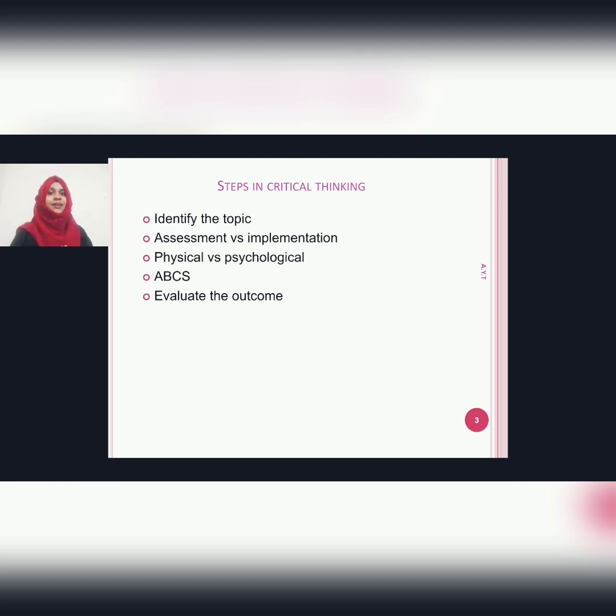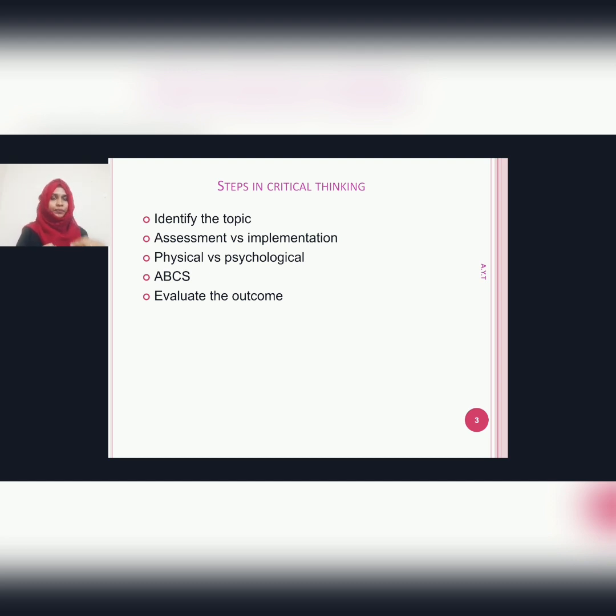So these are the steps in critical thinking. What are the steps? Identify the topic: by reading the stem of the question, or from the options, you identify the topic. Next is assessment or implementation: you will categorize the options as assessment or implementation.